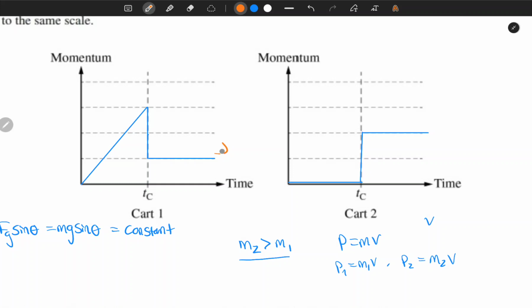And the final point awarded in this part of the problem is that the momentum at times greater than the collision time for cart 2 is greater than the momentum for cart 1 after the collision. So you get a point for seeing that this horizontal line is higher than this horizontal line. So there are 4 total points awarded in this problem.